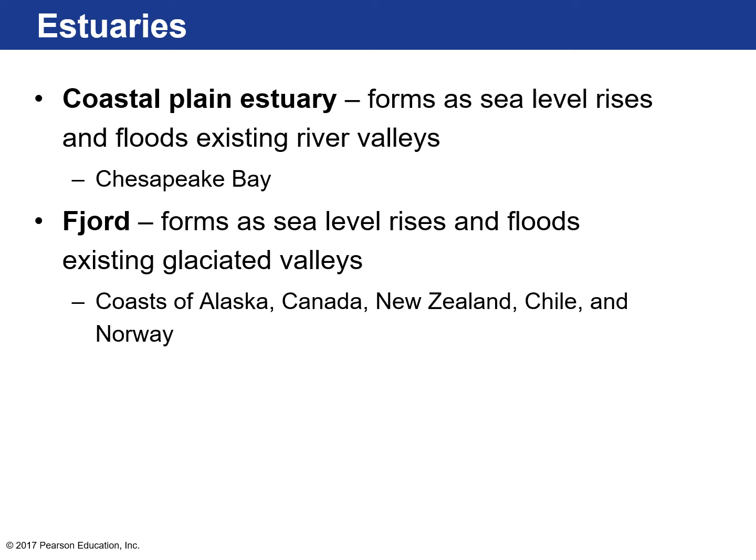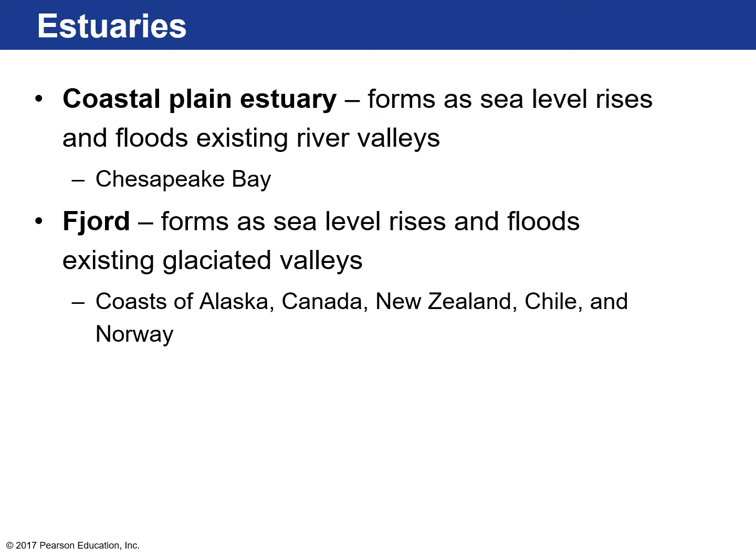So sea levels are really low because of the ice age, but because all those glaciers are melting, sea level is slowly rising, and areas that were river valleys are now being inundated by the ocean. Those become the new estuaries. And the best example of this is the Chesapeake Bay estuary, which is part of Maryland and Virginia, and the Potomac and the Susquehanna River dump into those areas.